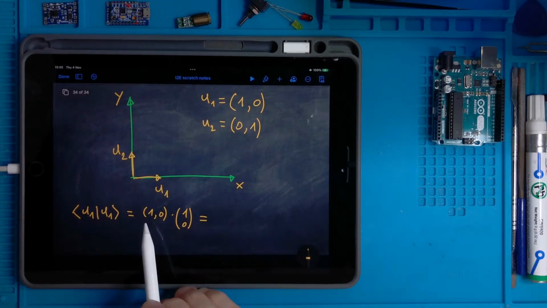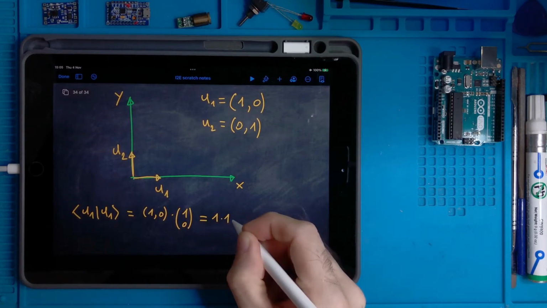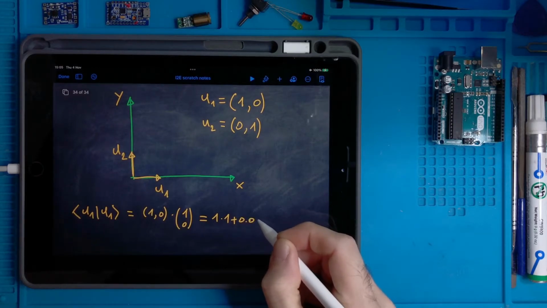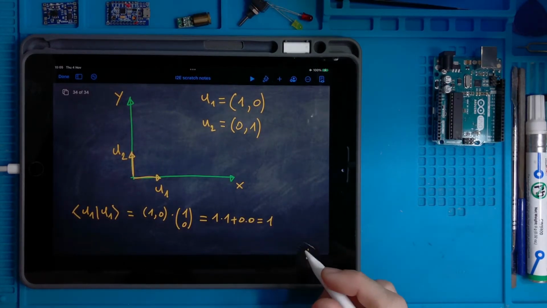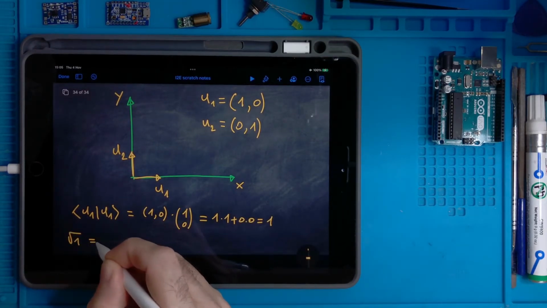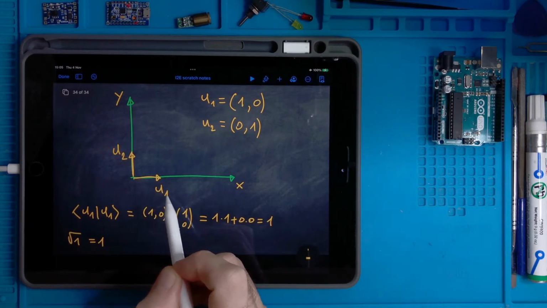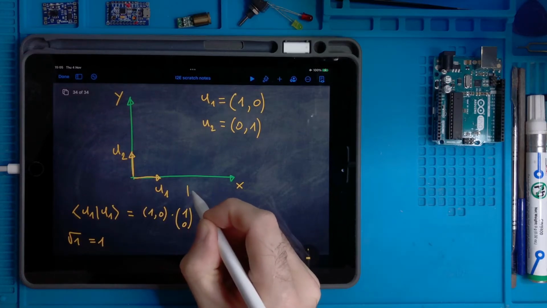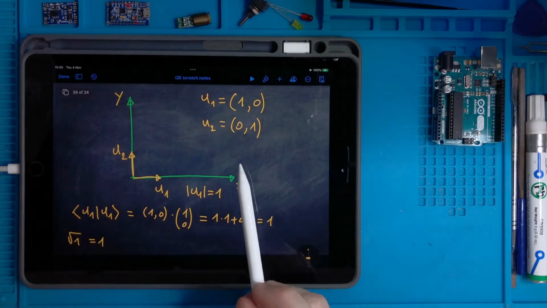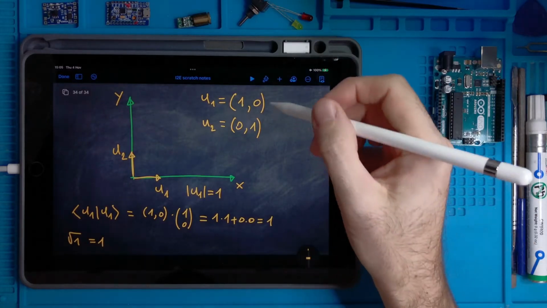So this by this, 1 by 1, plus this by this, 0 by 0, makes 1. And then if we take the square root of 1, this is 1. So the length of u1 is 1. And similarly for u2. I don't repeat this, it's exactly the same thing. So these are two unitary vectors.